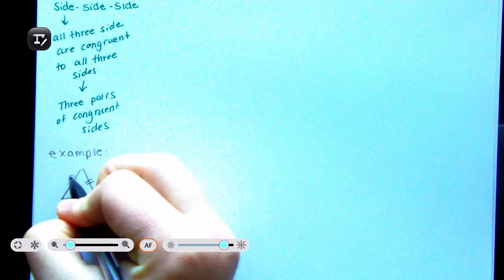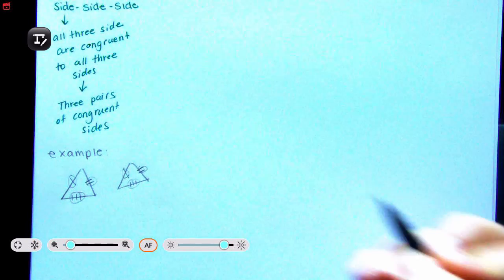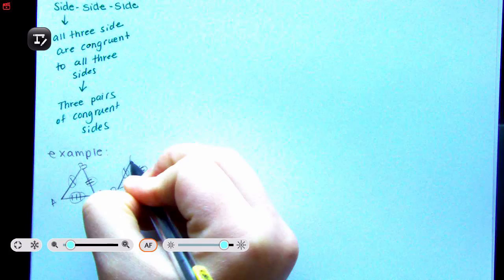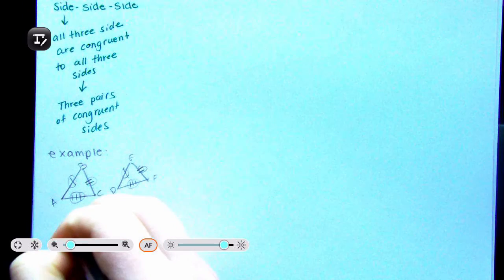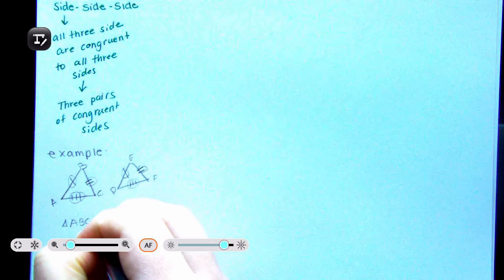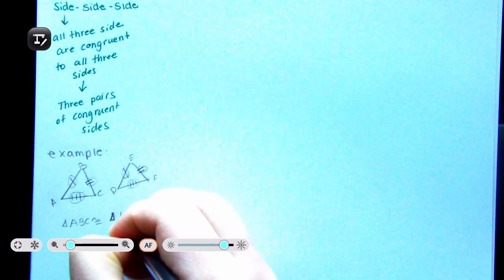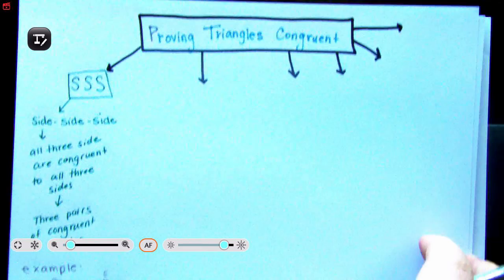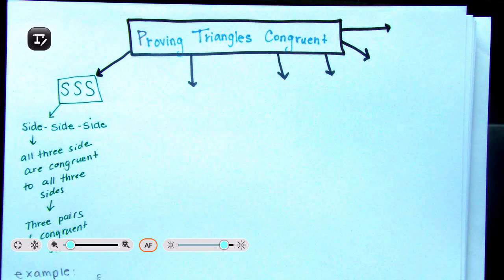If you have 1, 2, 3 congruent pairs, then that means that these two triangles are in fact congruent to each other. That's a triangle. That's what I get for trying to do this very quickly. All right, so the first method to proving triangles are congruent is SSS.